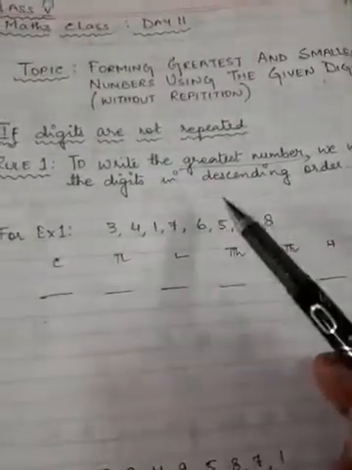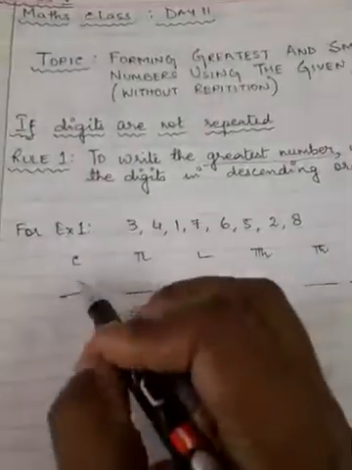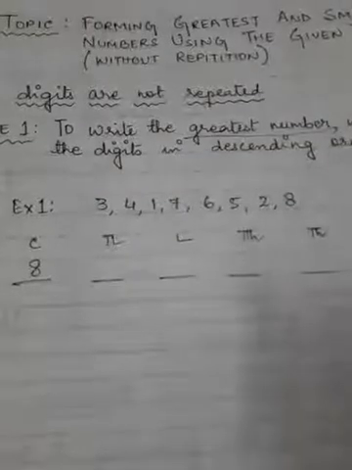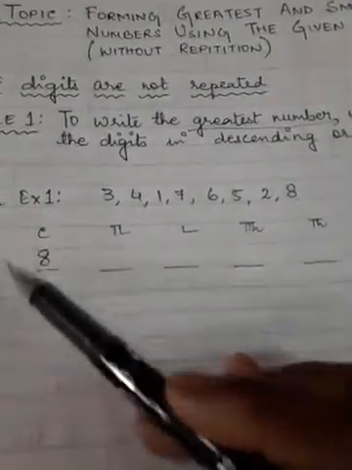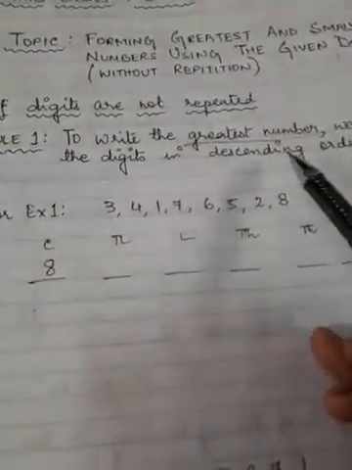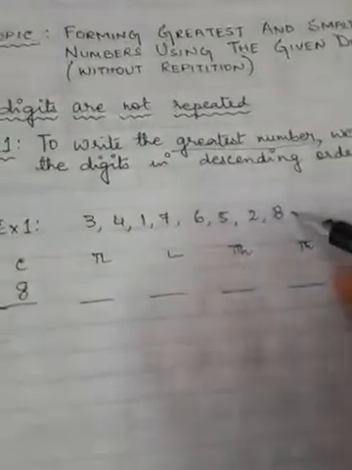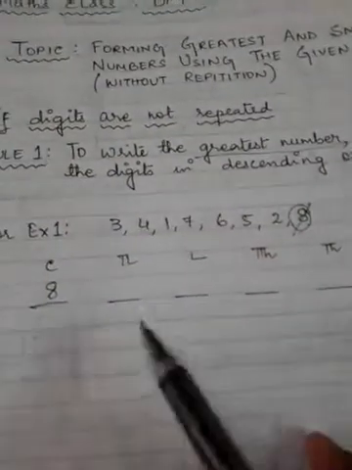Which one is bigger? 8 crores is bigger. So I'll write 8 crore here. So my first digit is 8. Now we cannot repeat any of the digits, so after writing 8, I'll cancel it off because I cannot use 8 anymore.